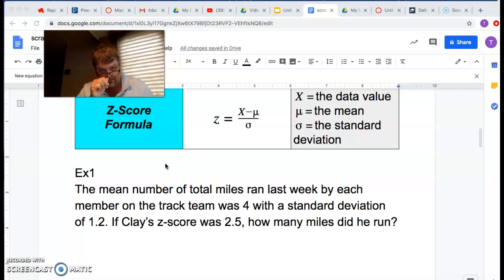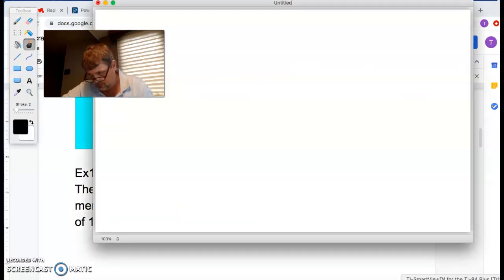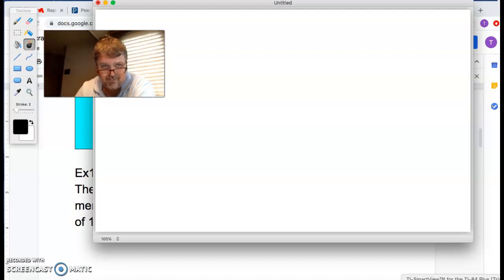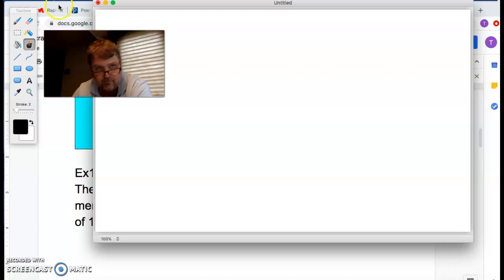Now, I'm solving for x. So I'm going to write down what we know, and that's the very first thing you want to do with these problems. We know we're going to use the z-score formula because the problem even says z-score.